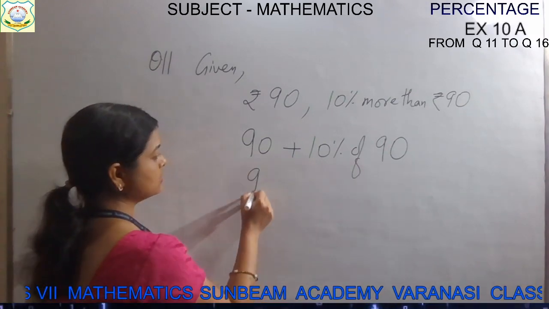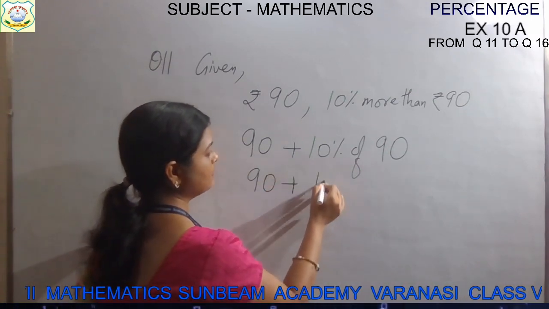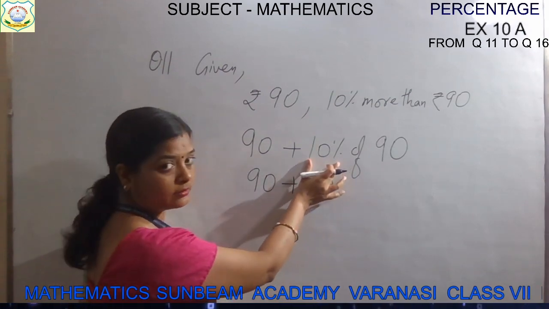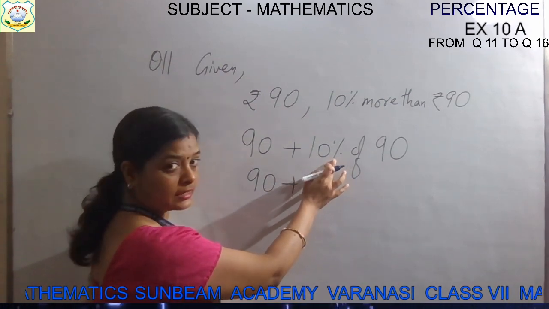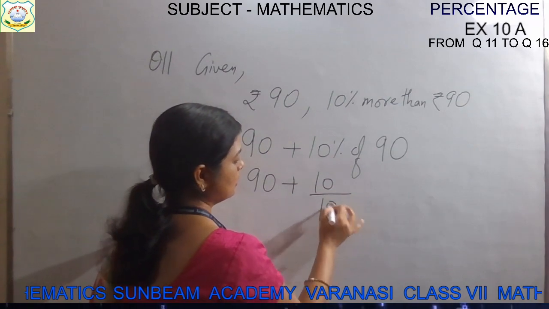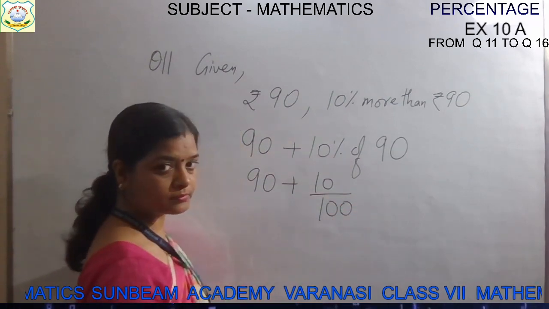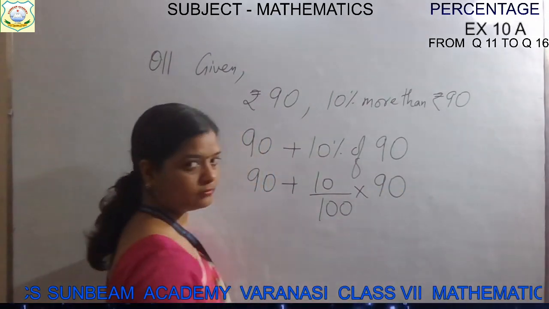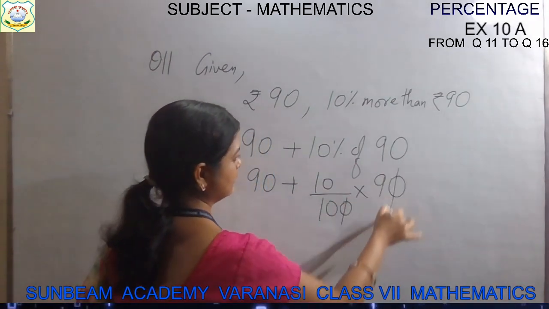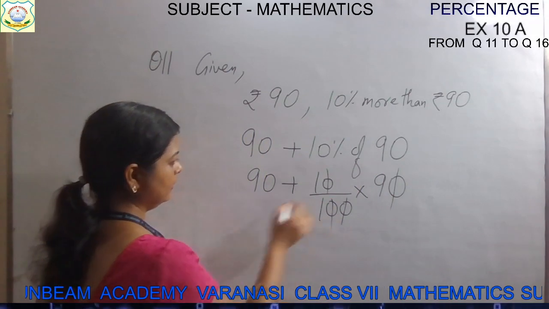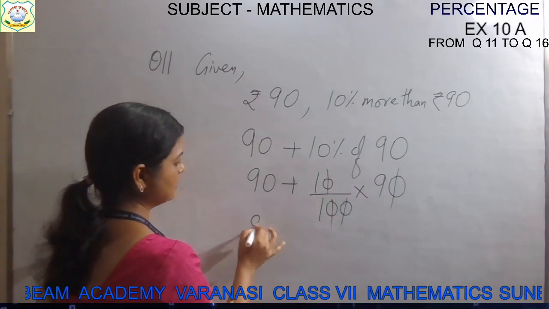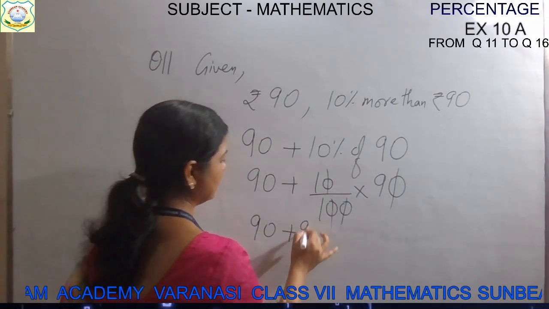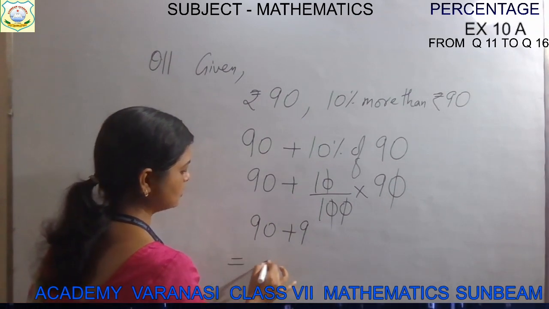So let's solve it, children. 90 plus 10%, how can we write it? You know, the percentage sign is there. It is out of 100. Of means multiply, 90. Now just solve it. This will cut down, and 1 into 9, 9 is left. 90 plus 9, that is how much?